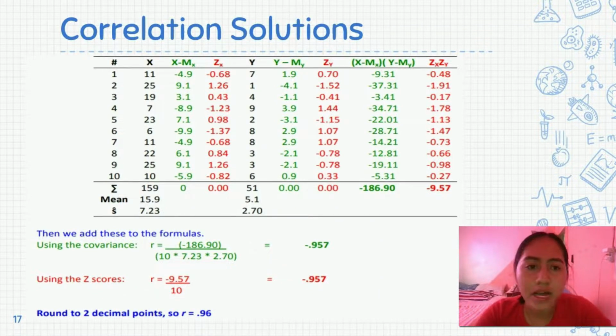So this is the summary table of the solution. We have our x, our y, the summation, the mean, and the standard deviation. And then we can see here the x minus mean of x.